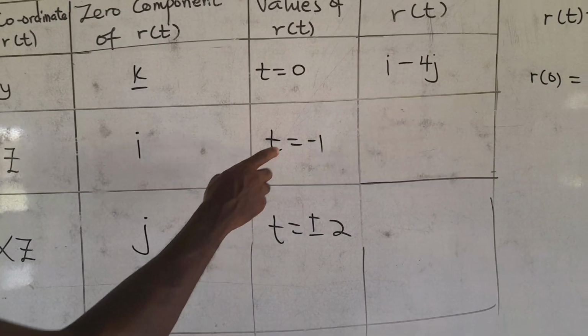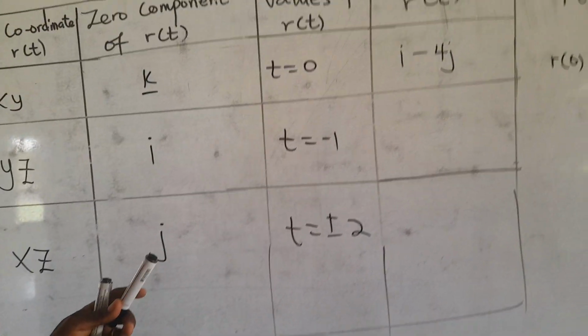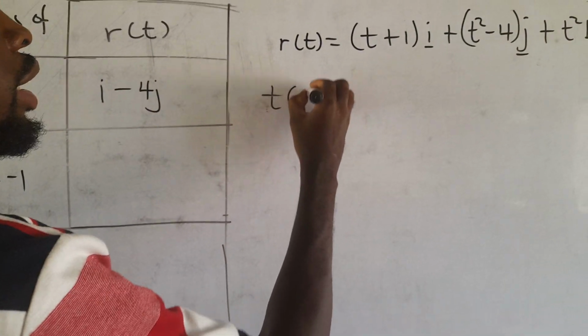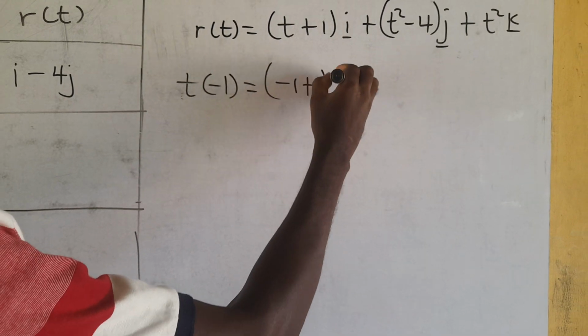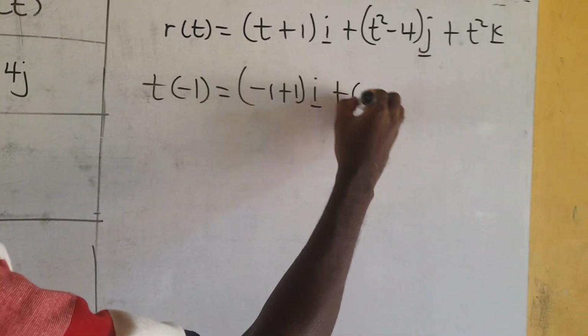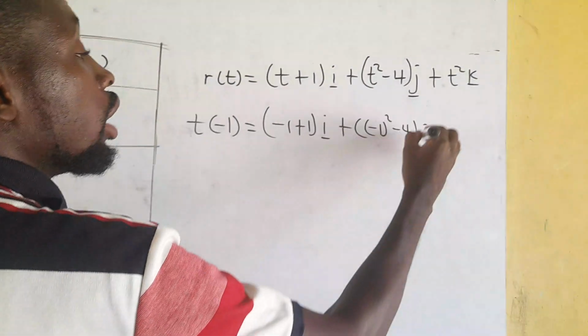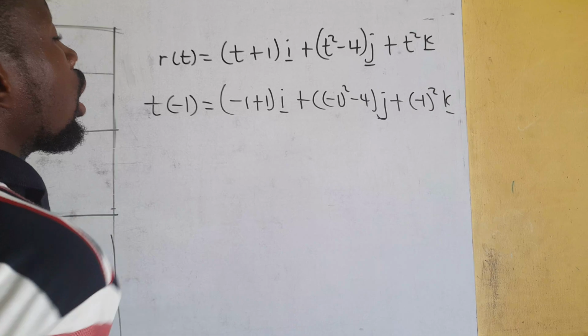So our next step is to find when t is equal to negative 1, to find that vector in the coordinate plane. So when t is equal to negative 1, we'll have negative 1 plus 1 in the i direction plus negative 1 all squared minus 4 in the j direction, then plus negative 1 all squared in the k direction.